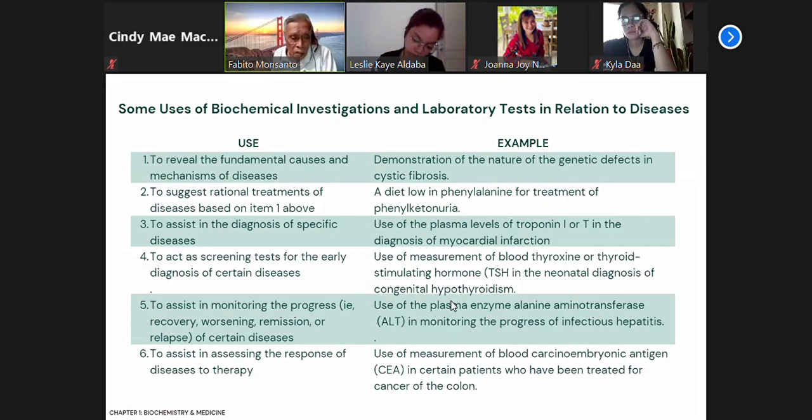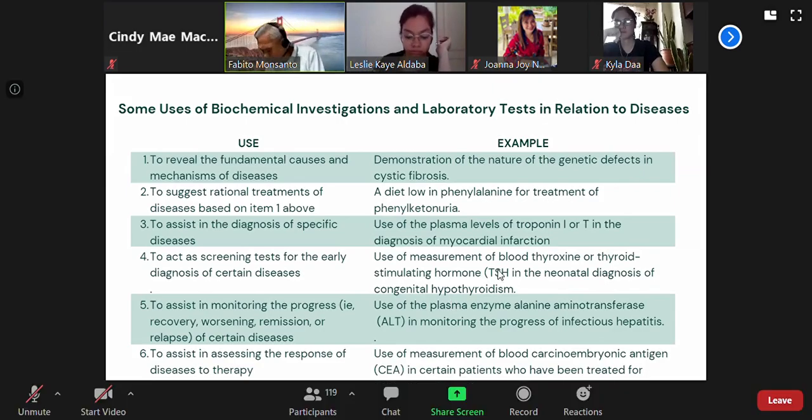Okay, the next one is to assist in monitoring the progress or worsening or remission of a certain disease. So we do enzyme assay of certain enzymes which is unique to the disease.